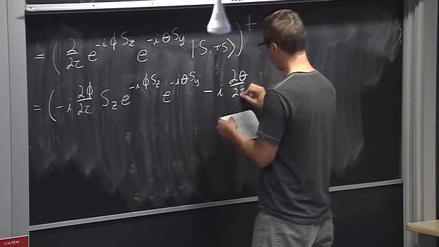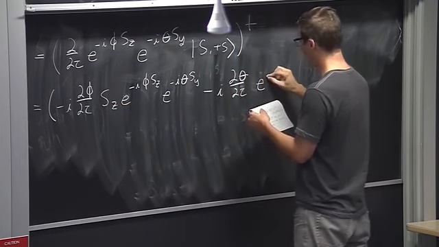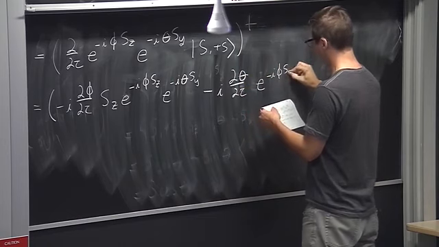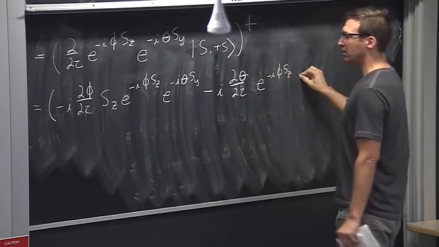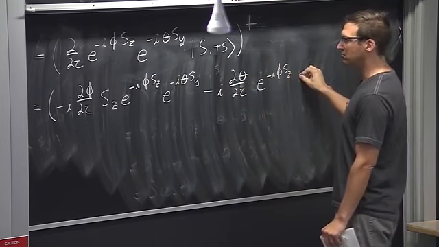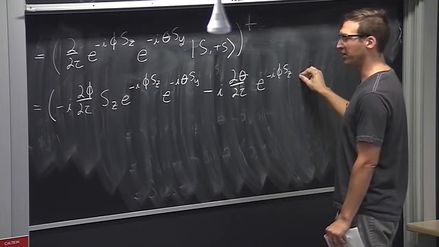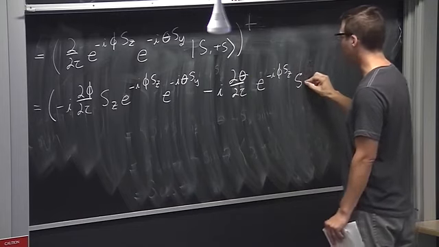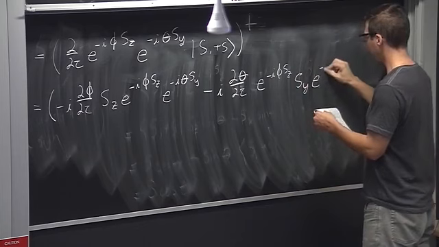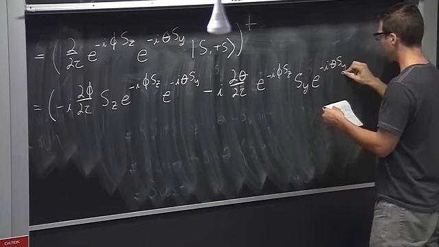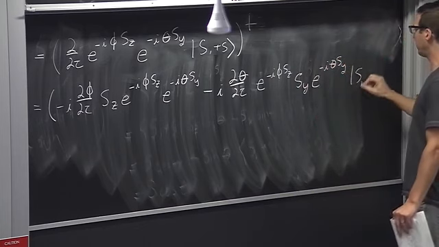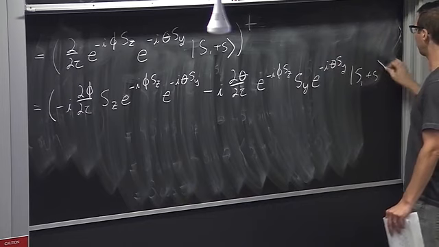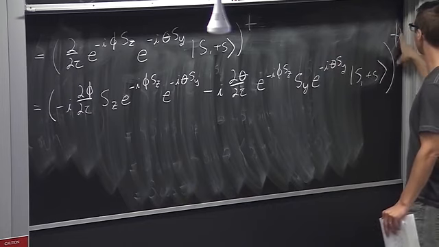So I have these two time derivatives. And I pull down an SZ there, and I pull down an SY here. And I have my state plus S, all adjoint.